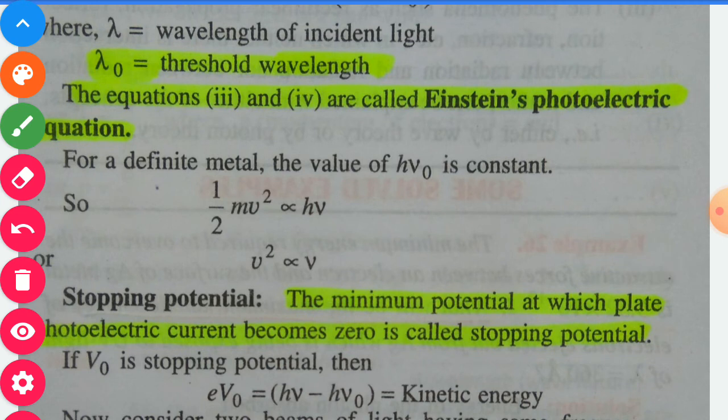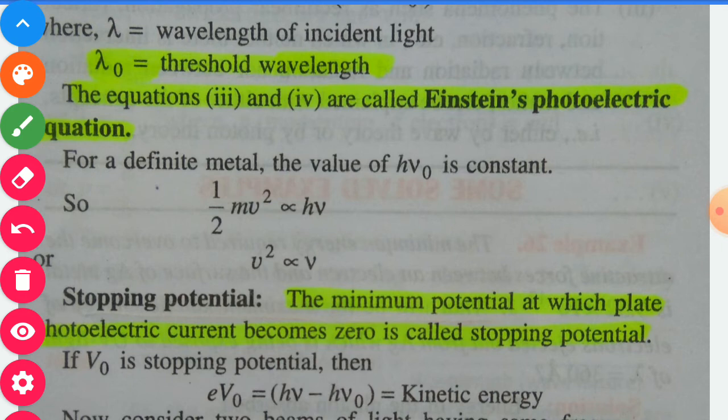For a definite metal, the value of h nu 0, that is the work function, is constant. It is not found to be constant for all metals; it differs for different metals. So for a particular metal, the value of work function W0, that is h nu 0, is found to be constant.